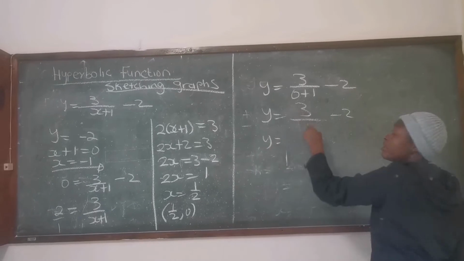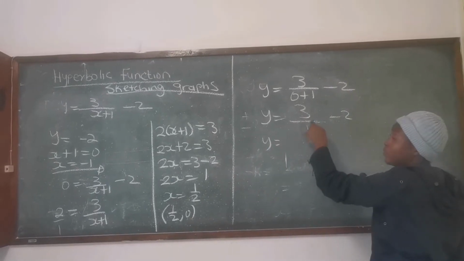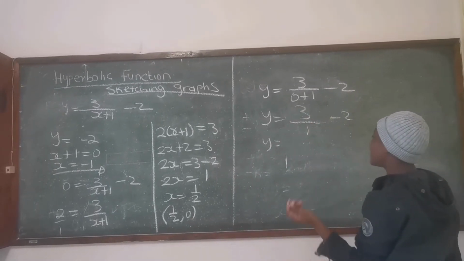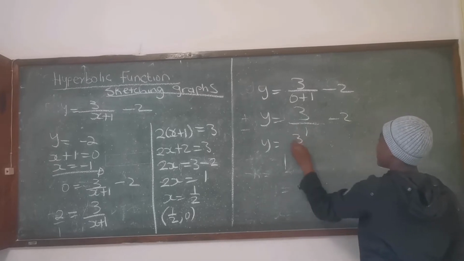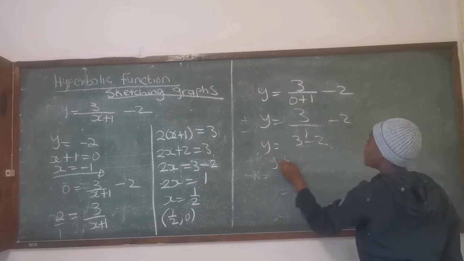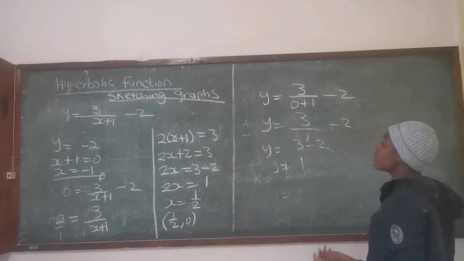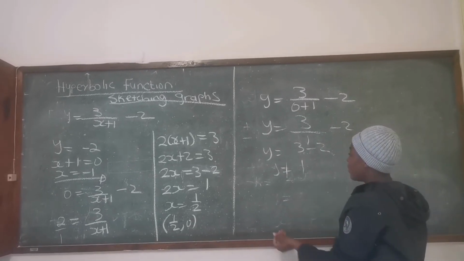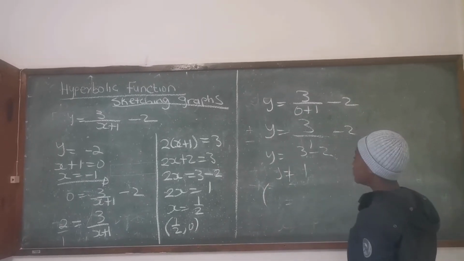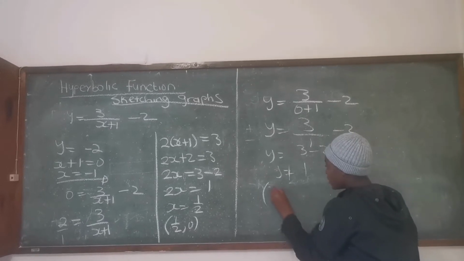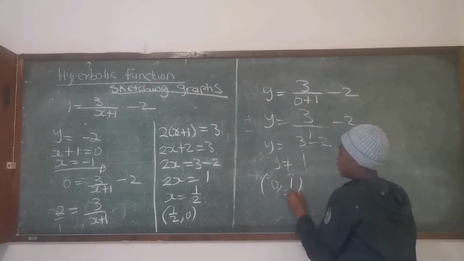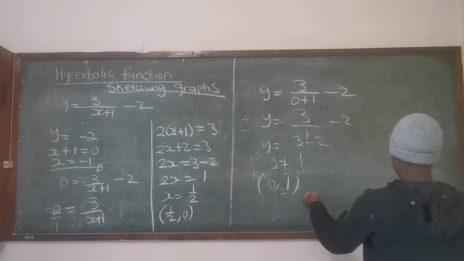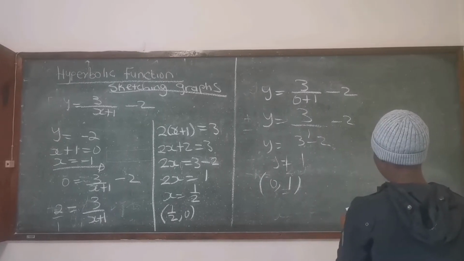Then 3 divided by 1 will be 3. Any number divided by 1 is that number actually. So we have 3 minus 2, which will give us y equal to 1. So let's write our y-intercept as coordinates, and then we'll be having 0 and 1. So this is our y-intercept.